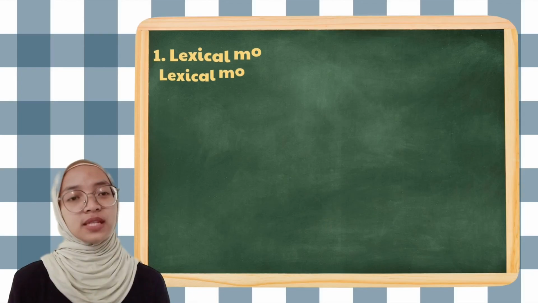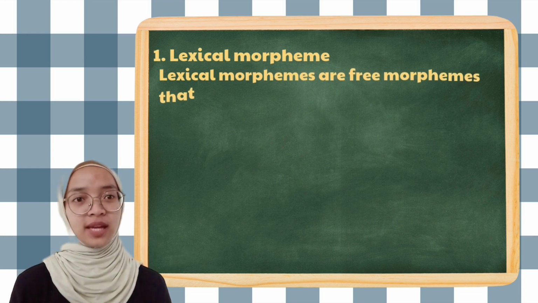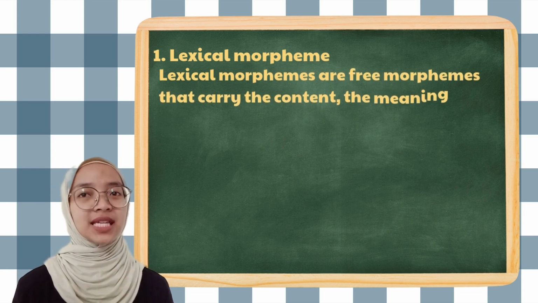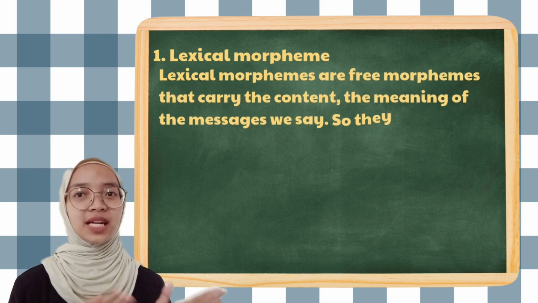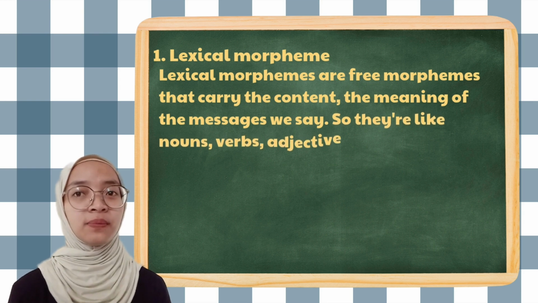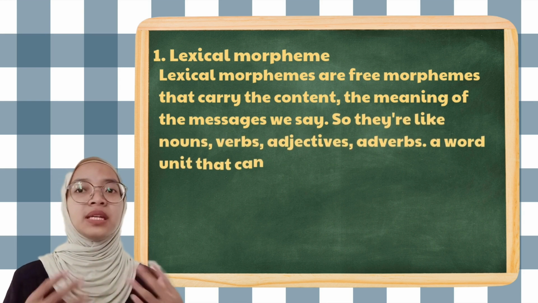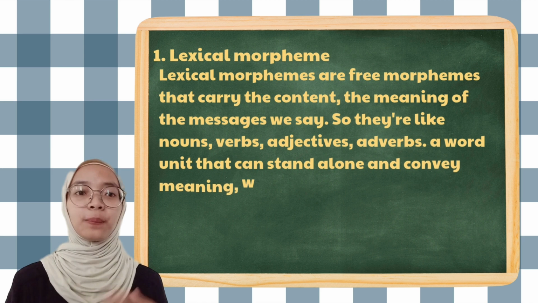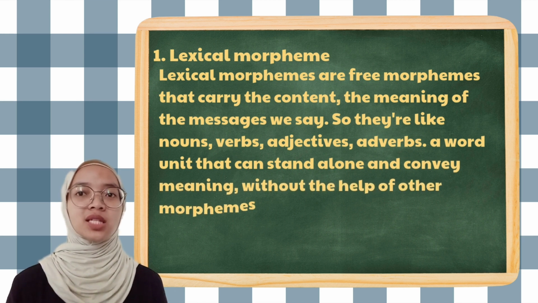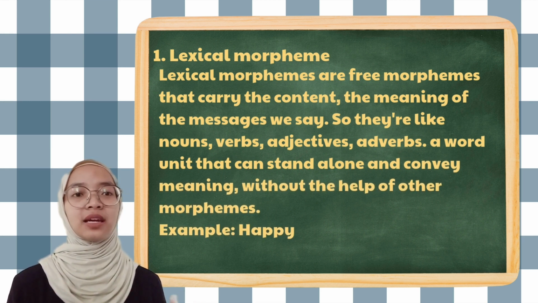Free morphemes are divided into two types again. The first is the lexical morpheme. Lexical morphemes are free morphemes that carry the content, the meaning of the messages we say. So there are things like verbs, adjectives, adverbs.